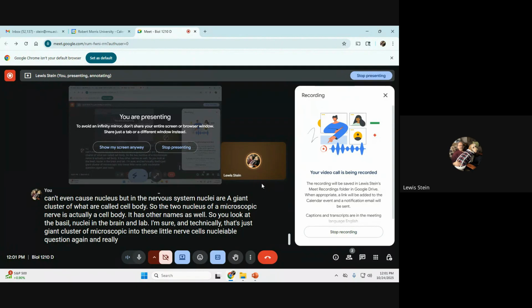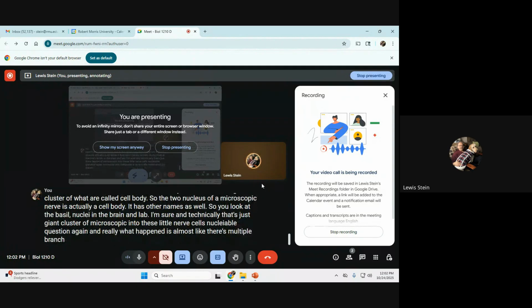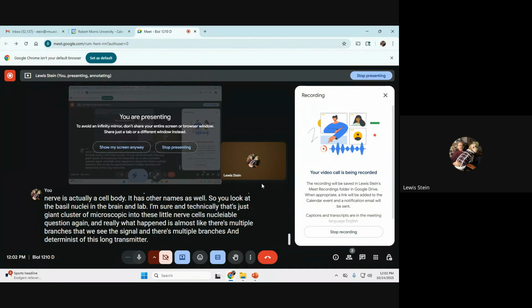And really what happens is there are multiple branches that receive the signal, and there are multiple branches at the terminus of this long transmitter called the axon.